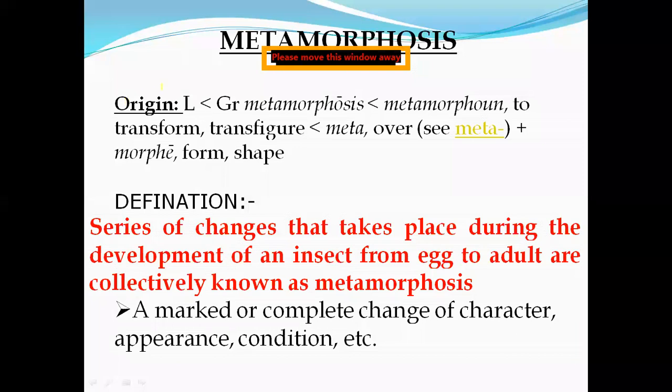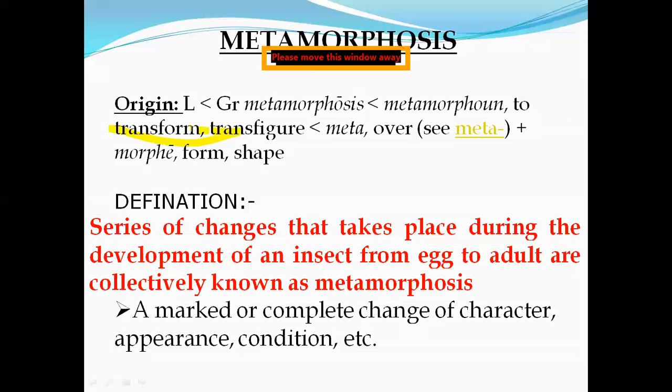From birth to maturity, at every stage the insect transforms its body shape, its appendages, its growth, segmentation, size and form. Complete changes or transformation occur in the insect body.